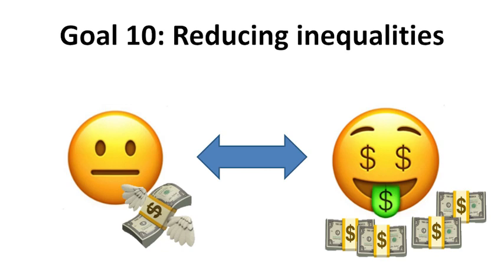Progress towards Sustainable Development Goal 10 targets calls for, first, the reduction of income inequalities. Second, promoting universal, social, economic, and political inclusion. Third, ensuring equal opportunities and ending discrimination.